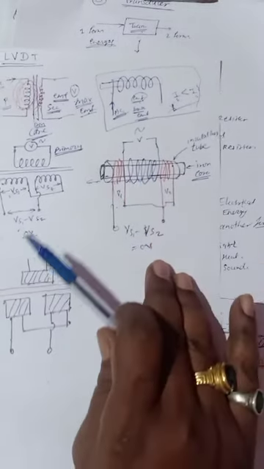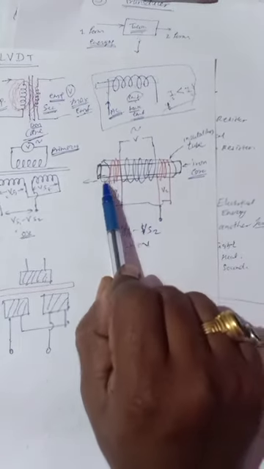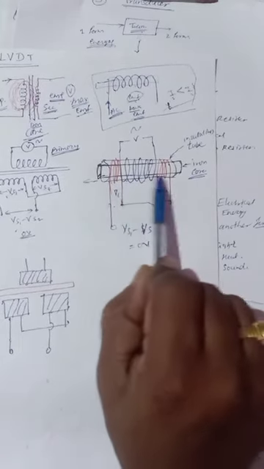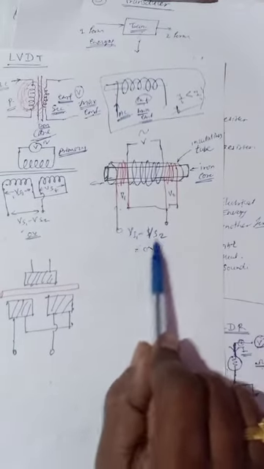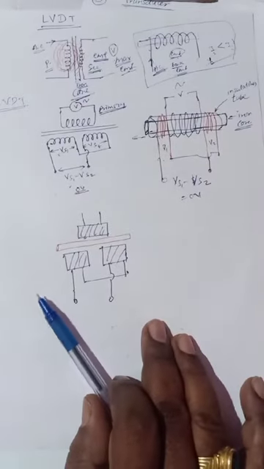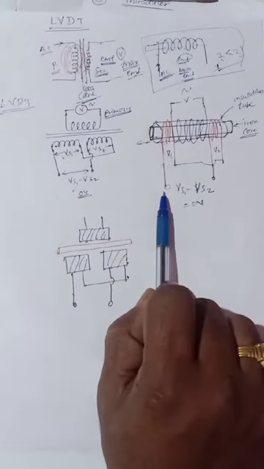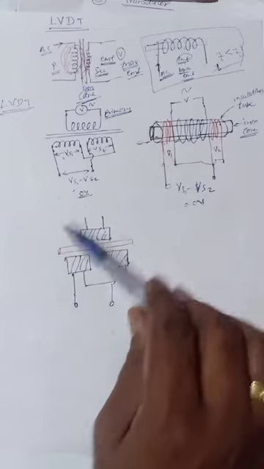So here there is a primary, and consider there are two secondary windings, connected out of phase so that we get the difference. So this is an LVDT, linear variable differential transformer.